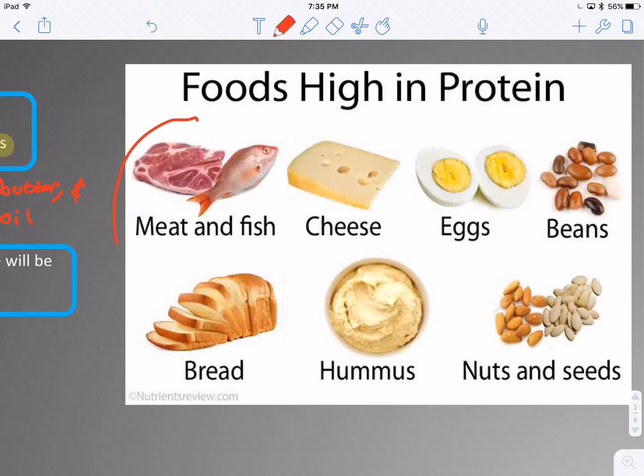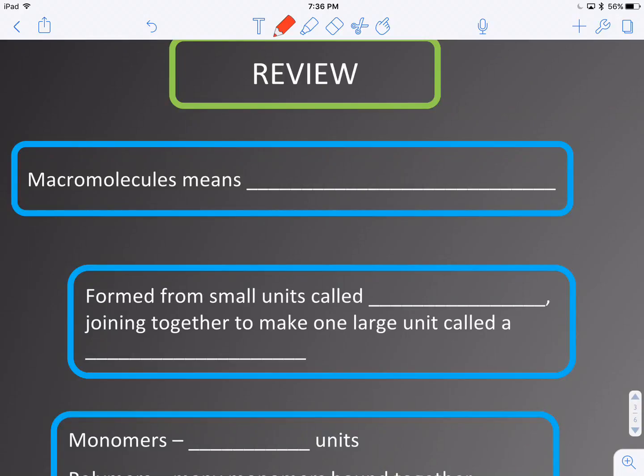Okay, so where we're headed next is basically talking about what macromolecule means. This is a review. If you guys remember, macromolecules are these large components, and they're formed from small subunits that we call monomers.